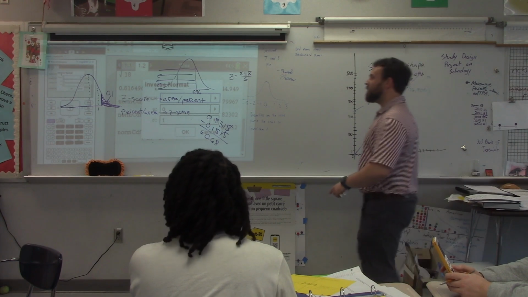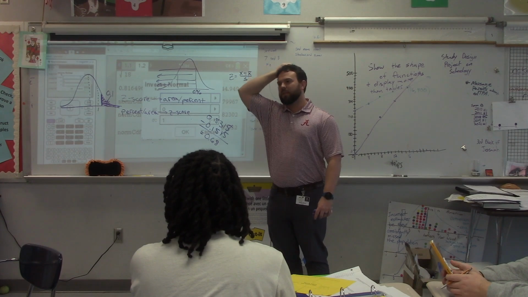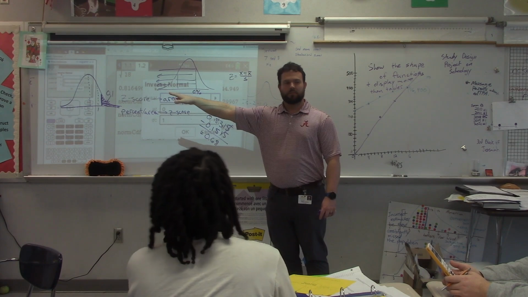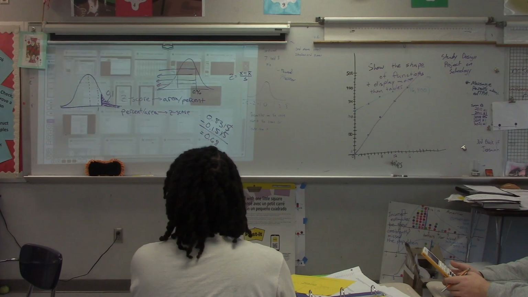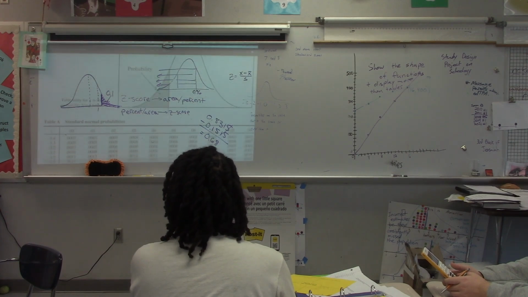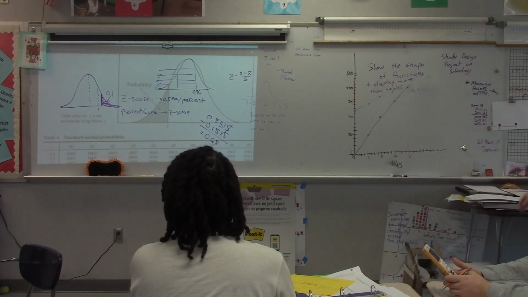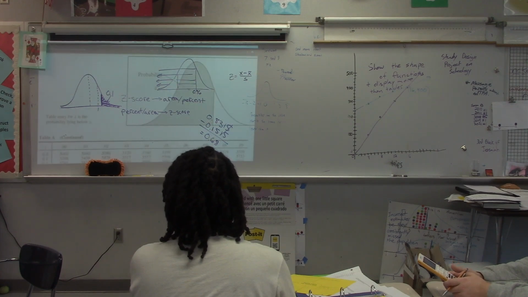I'm really glad I showed you a table a second ago. Do you remember on the table when it always shaded left? You see how it has that z-score marked and it's always shading left.